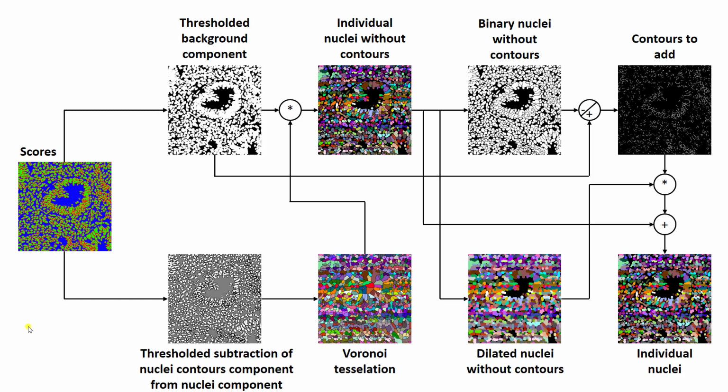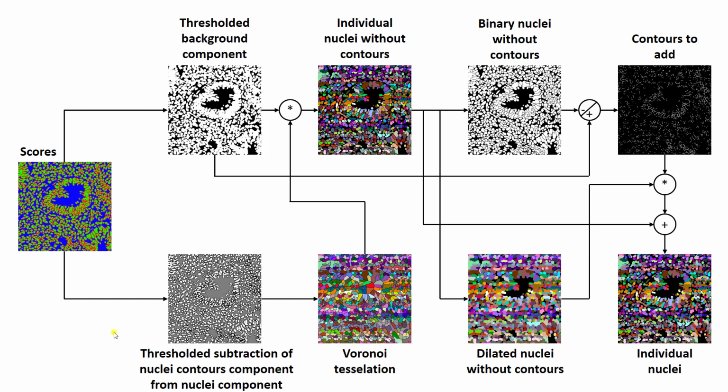But here maybe we want to separate a little bit more, and that's why we threshold it. So for example, the pixels where the nucleus contour is still inferior to the inner nucleus component, but not by much, can be used to separate nuclei.